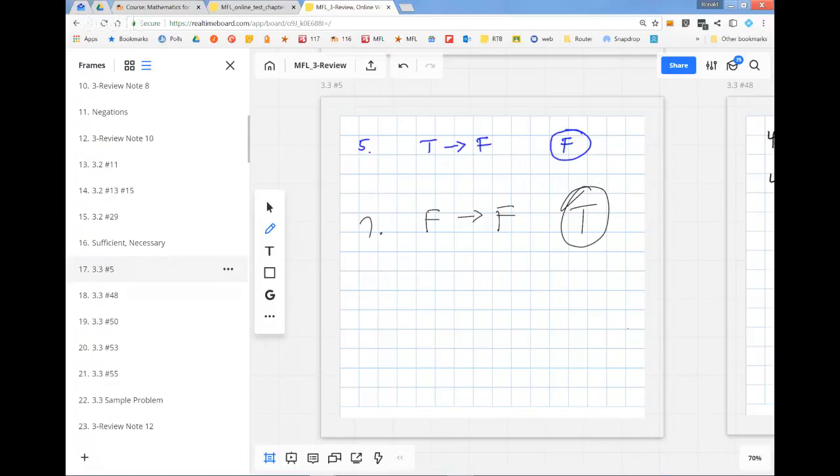What if it was if false, then true? That's true too, because it's only false in one case, and that's when the first one's true and the second one's false. Got it. I know it's probably the first time you've heard that, and it sounds kind of strange, but that's how it turns out.